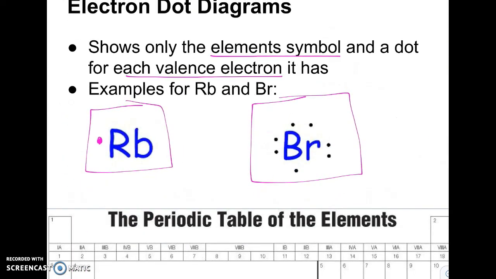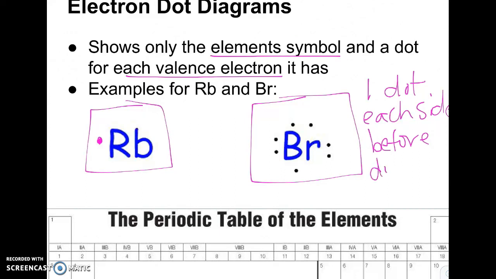So in this case, we draw 7 dots around it. When you start to get more than 1 dot, you put 1 dot on each side before you double up with 2 dots. This has to do with the fact that electrons are negative and they want to be as far apart from each other as possible.